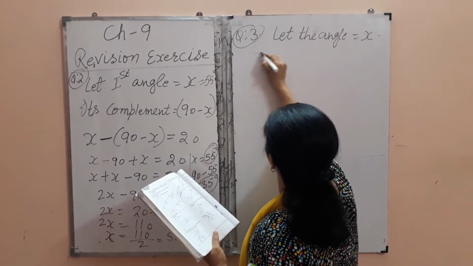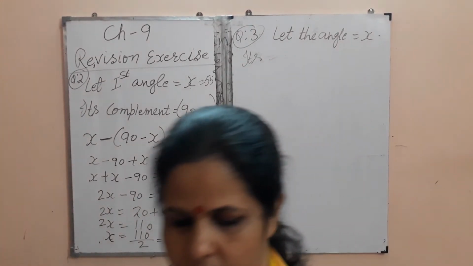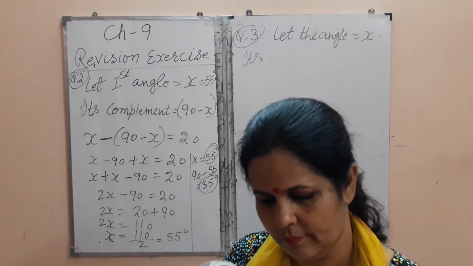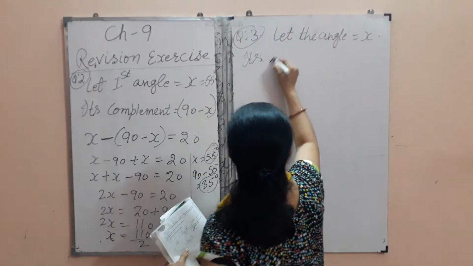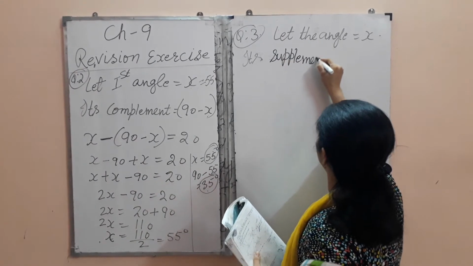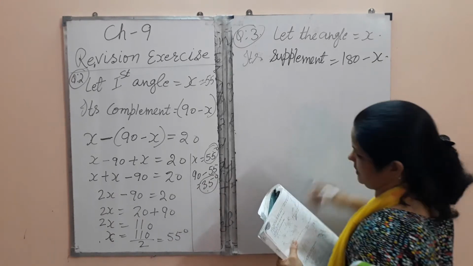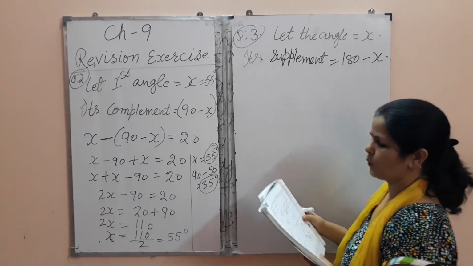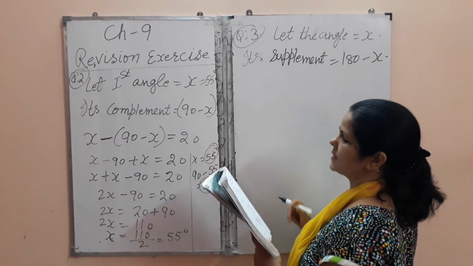First we'll write its supplement: 180 minus x. Now the equation is, find an angle which is 10 more than 4 times its supplement.